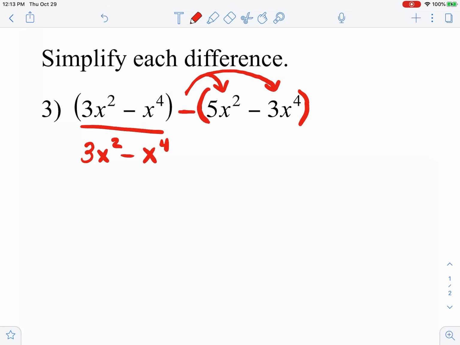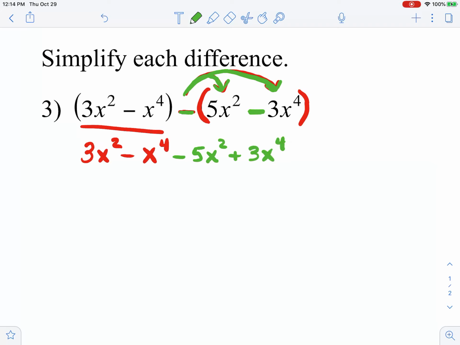And now we're going to go ahead and rewrite what's next, subtracting each of the terms. So minus a positive 5x squared would be minus 5x squared. And then minus a negative 3x to the fourth. When we subtract a negative, that would be the same as adding. So this becomes plus 3x to the fourth.